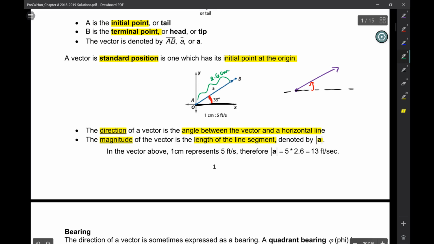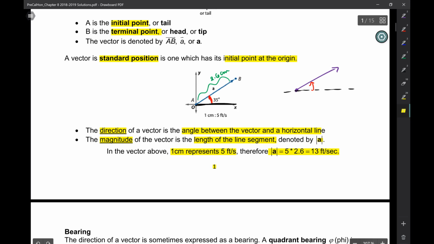But you need to know this concept. If you were told that 1 centimeter represents 5 feet per second, then if each centimeter is 5 feet and this is 2.6 centimeters, the magnitude of that vector is 5 times 2.6, which is 13 feet per second.